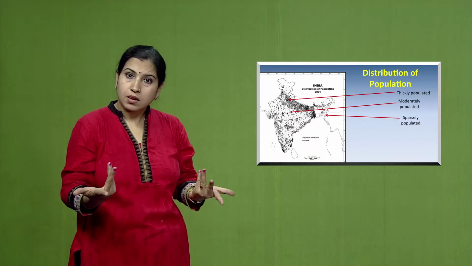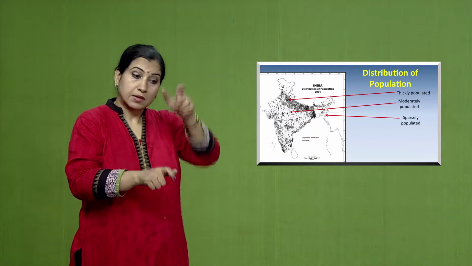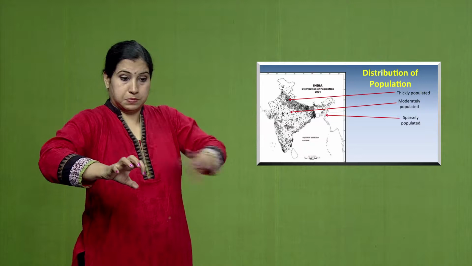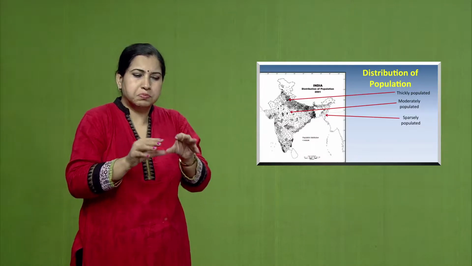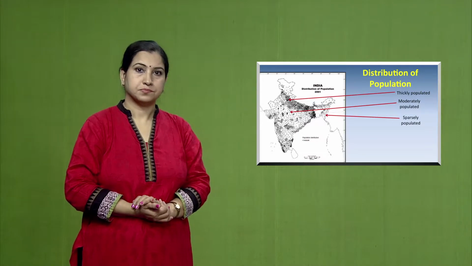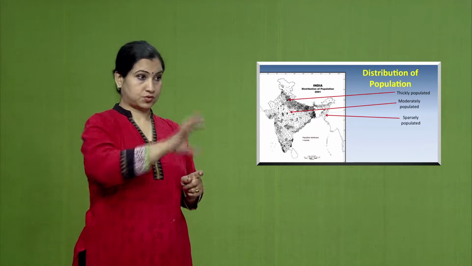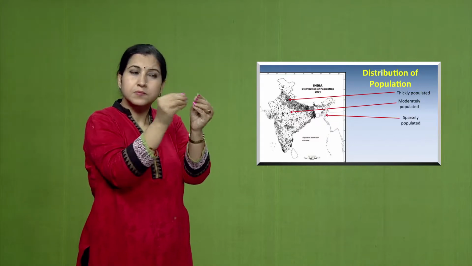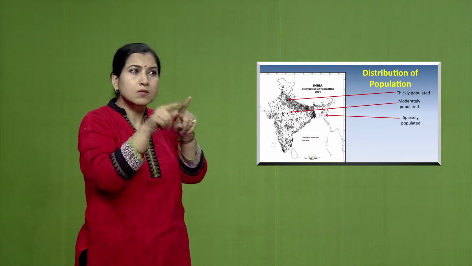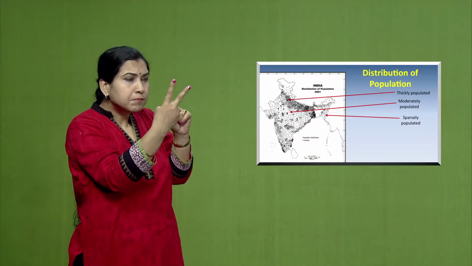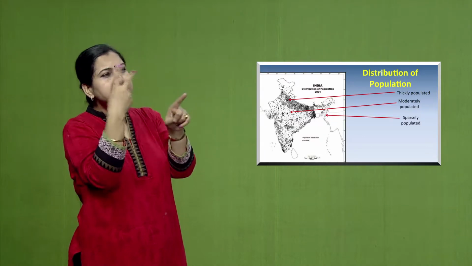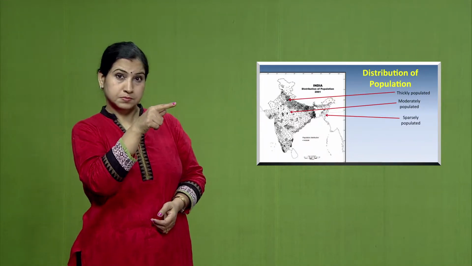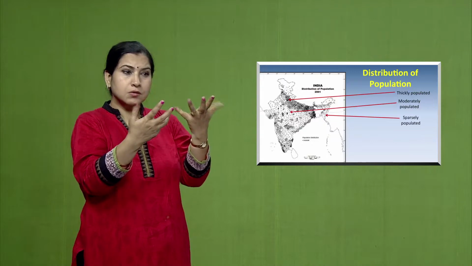It means that the population in these states is either widely spread or moderately spread. But in some other states, the dots are very close to one another. So close that those parts in the map look almost painted. In them, the spread of population is very dense.